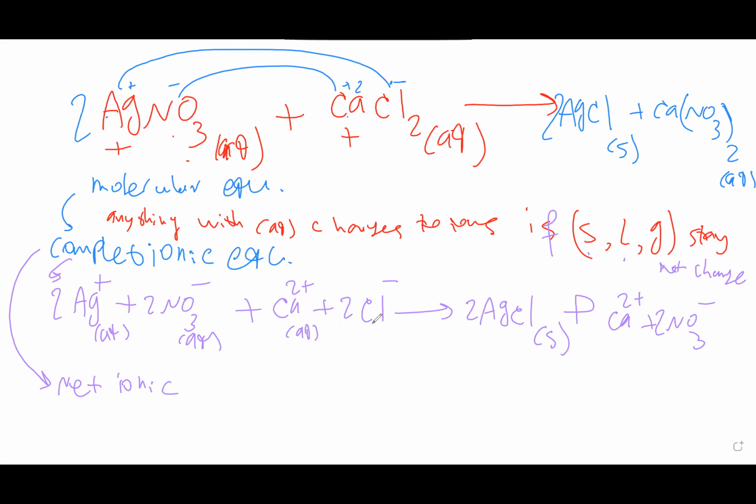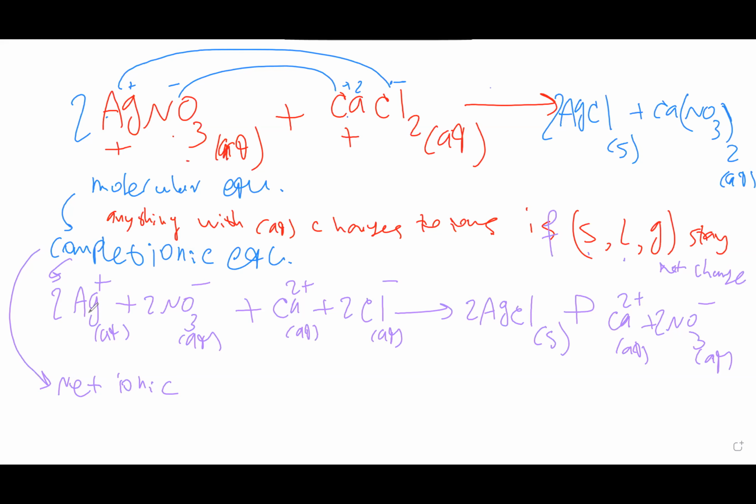So all of the ions are soluble in water, so I can put AQ for them. Is anything the same on the reactant and product side? Can you give me that list? Exactly the same on both sides, reactant and product.